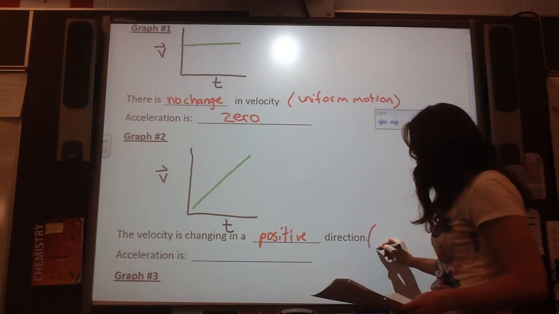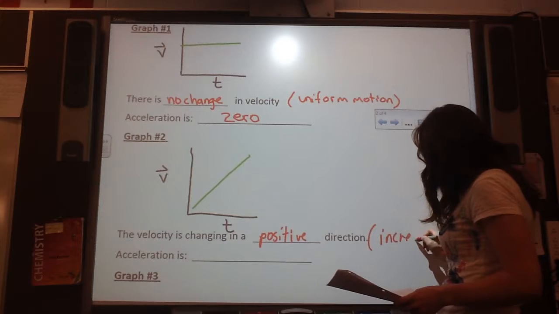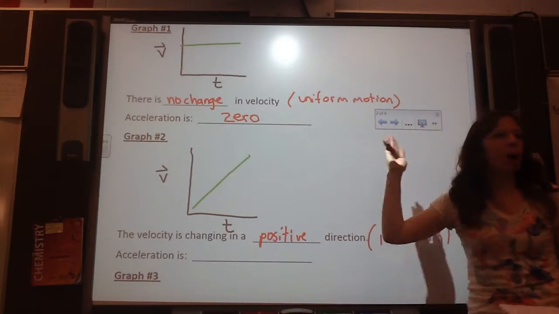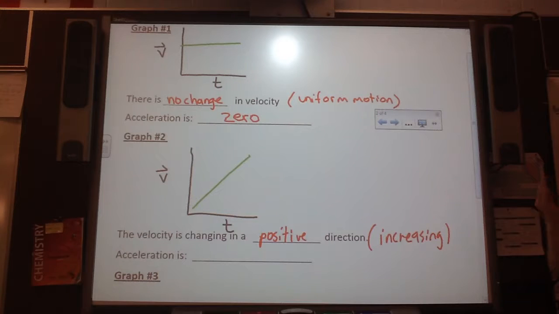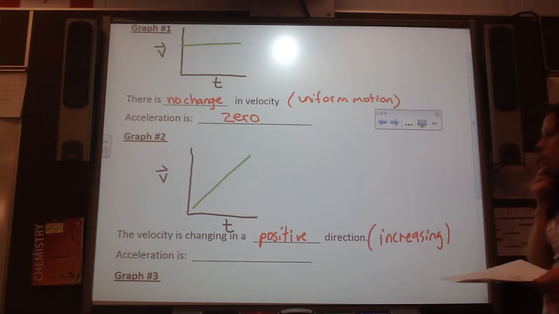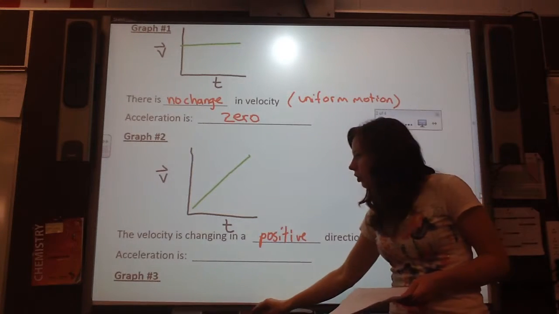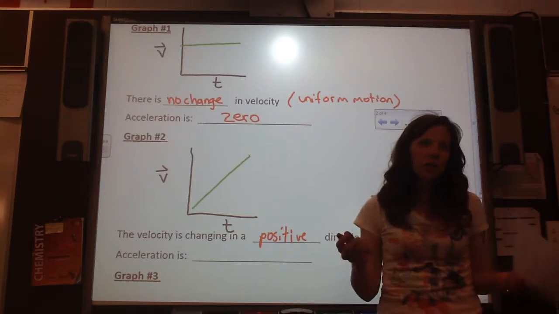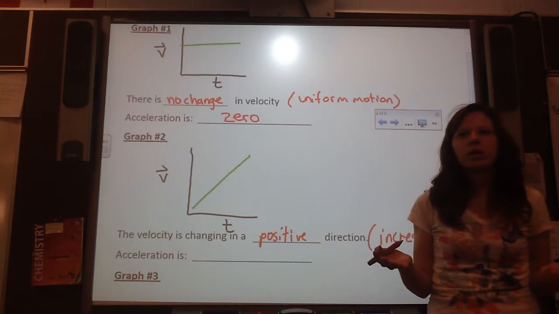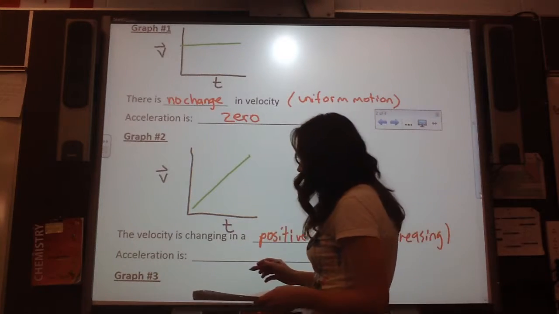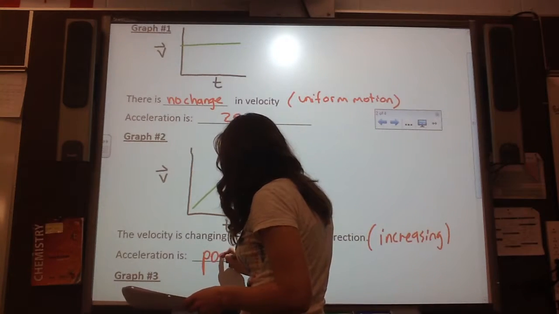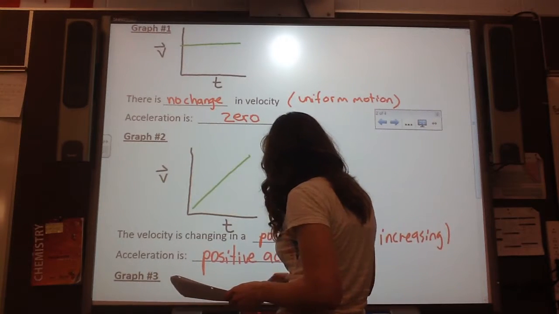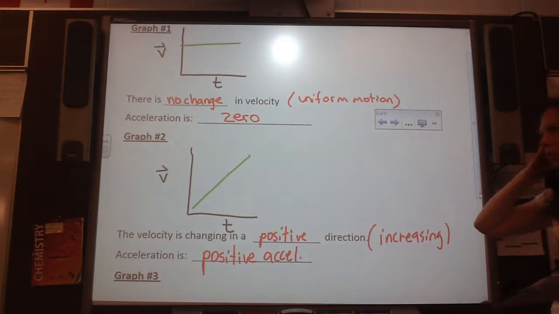And as Josh said, it is increasing. So it's going up in the positive direction, above the x-axis. So then what's happening to my acceleration? Is this object accelerating? It is accelerating, yes. And I will say that it is positive acceleration.